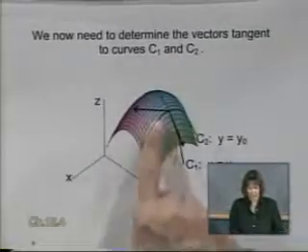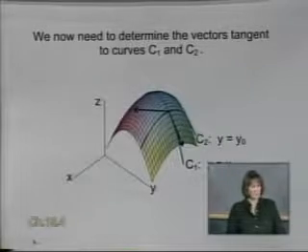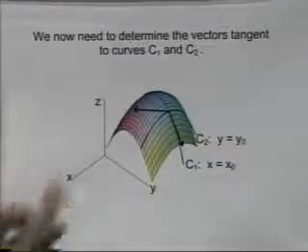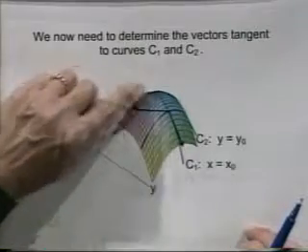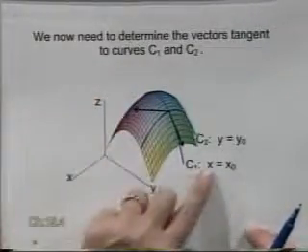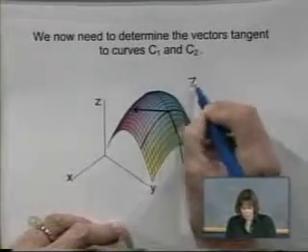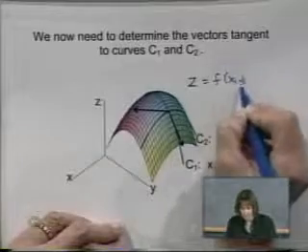So we need to determine the vectors tangent to curves C1 and C2. Now notice, every point on the curve C1 has x equal to x naught. Now the general equation for the surface was z equals f of x, y.